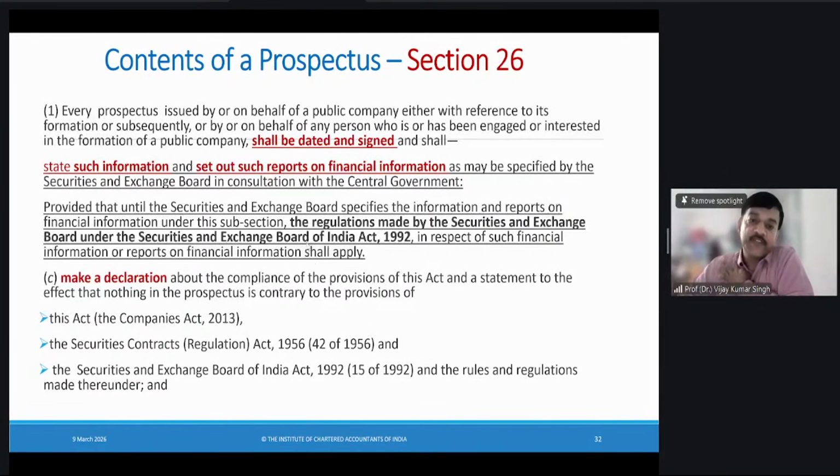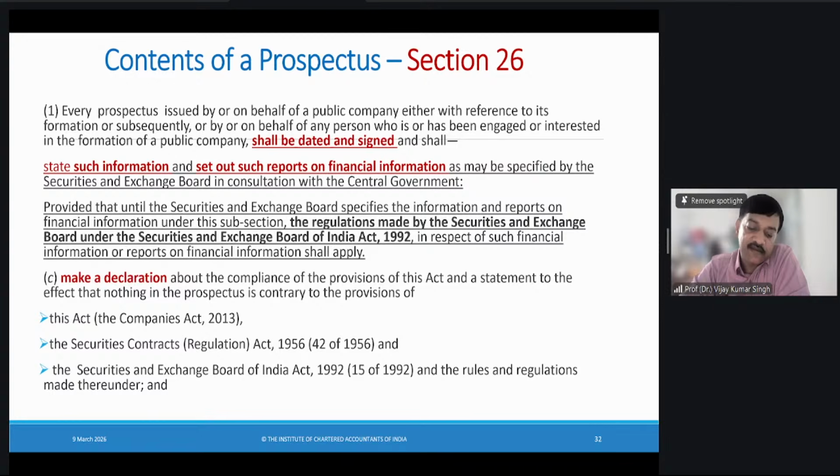If you look at the proviso, here you can see SEBI will provide details, what information has to be given in consultation with central government. But till the time such things are provided, whatever regulations of SEBI are there will be applicable. So you try to understand that when this law came up, the 2013 Act, this provision was a newly introduced provision at that point in time.